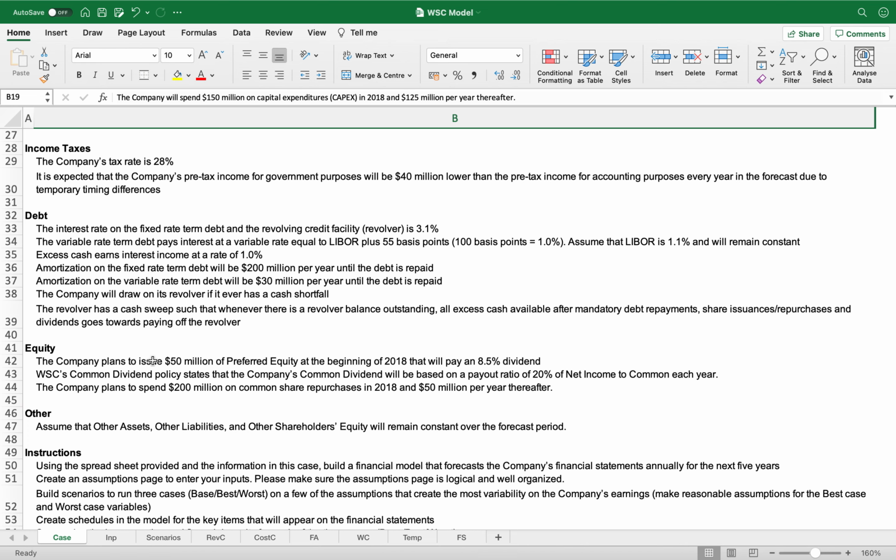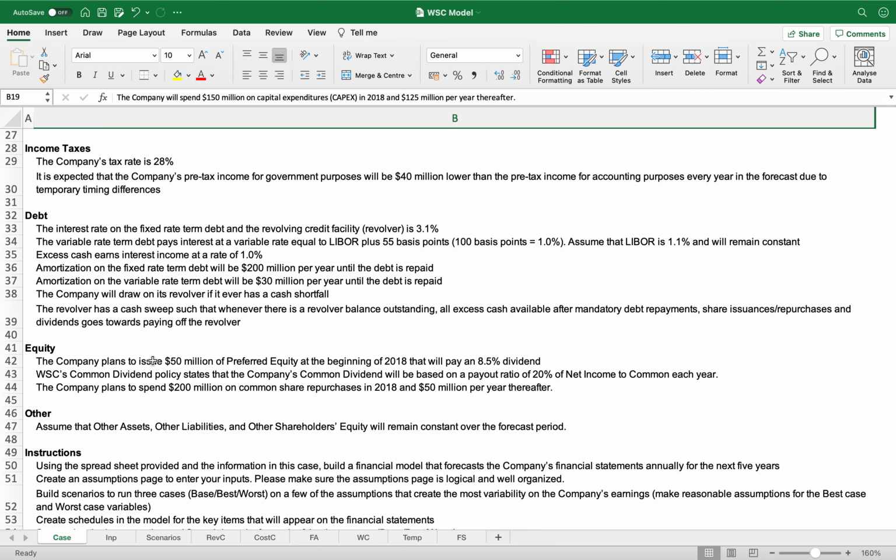Some of these deductions are disallowed from taxation point of view, right?